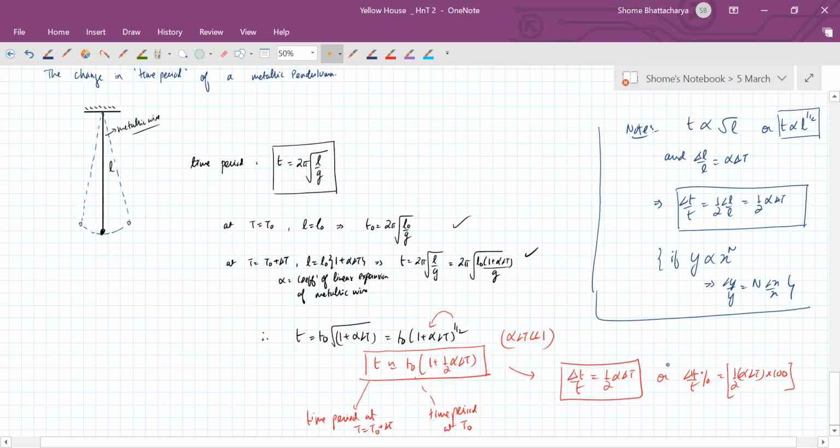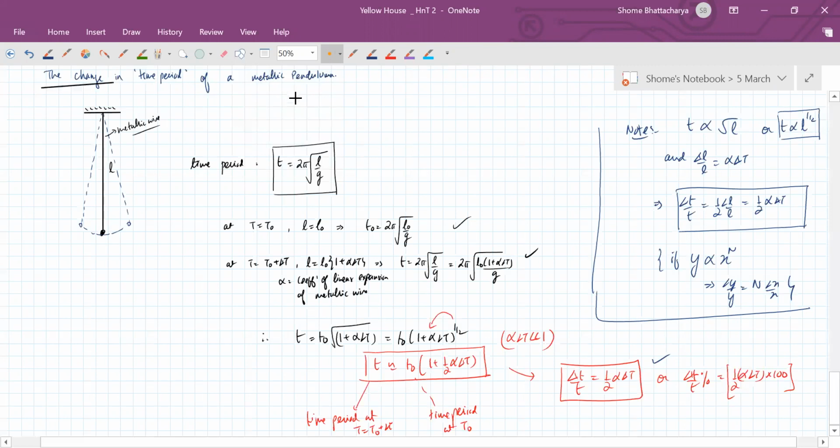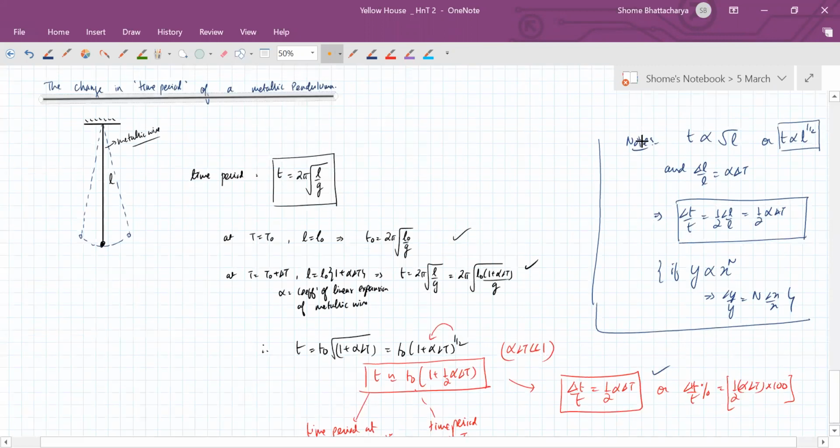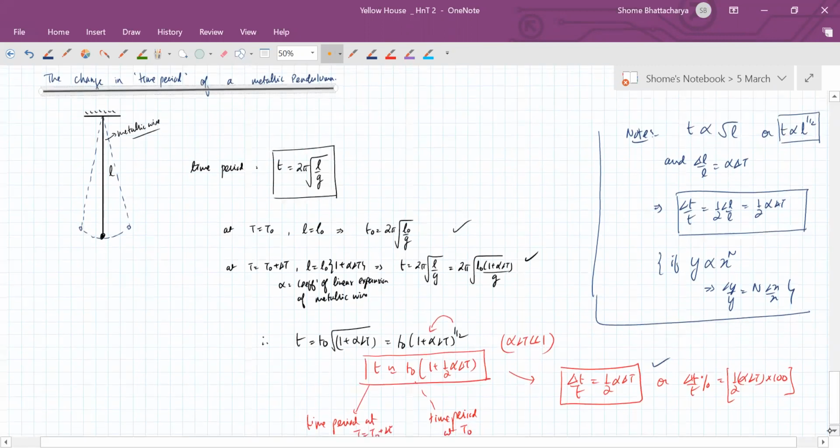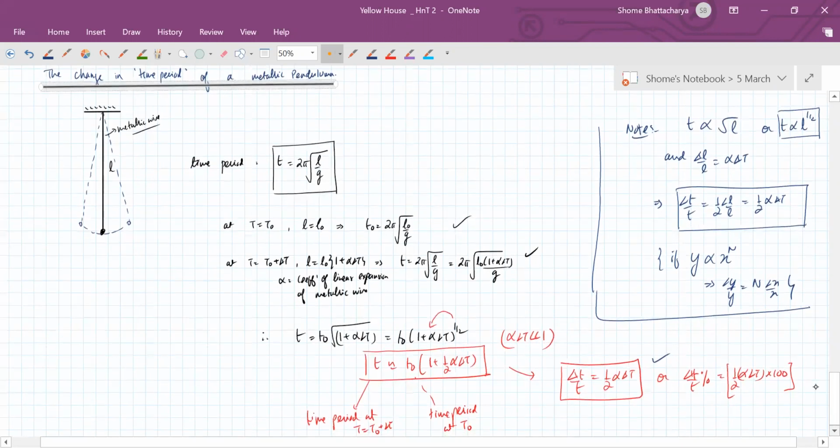So this is an important formula to remember, that for a pendulum, the fractional change in time period is half of alpha delta T when the temperature changes by so much. So make a note of this first of all.